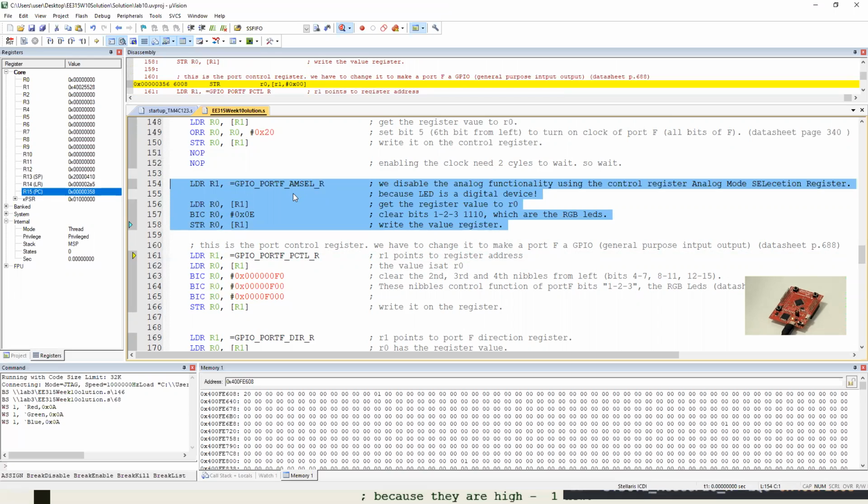But it doesn't necessarily have to change anything. Maybe those pins were that way already. But this doesn't mean that you shouldn't do it, because you don't know the initial value of the analog mode selection register. So you set those values regardless of their previous values.